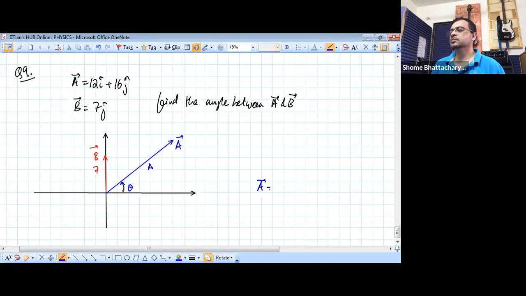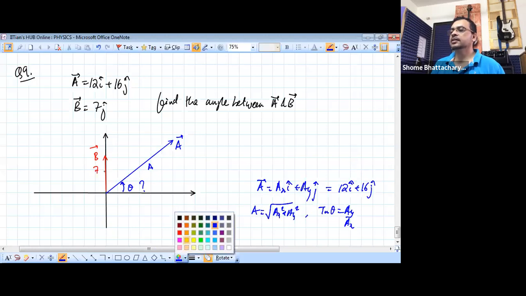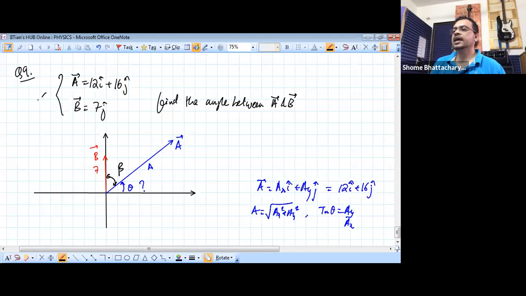If A is some AX i cap plus AY j cap, which in this case is 12 i cap plus 16 j cap, just use the formula that magnitude of A is root of AX square plus AY square. Actually we don't need that here, but also tan theta is AY by AX. So from that you can find out how much this angle is, and then you can find out the angle that you're looking for. The angle that you're looking for is this one. Let's say this angle we are labeling as beta. So the angle between A and B will actually become the complement of the angle theta.